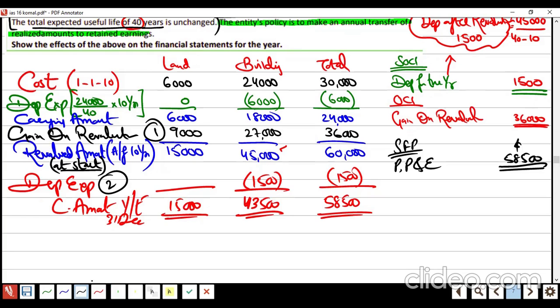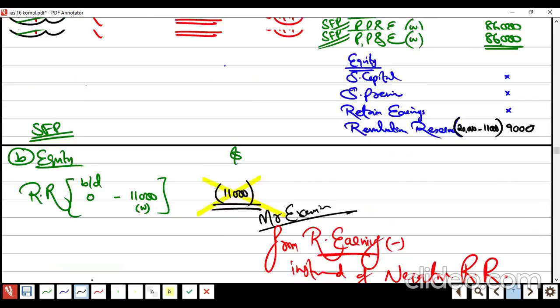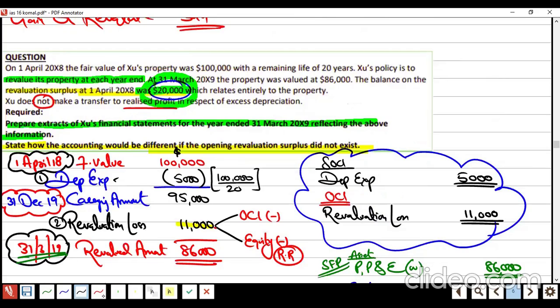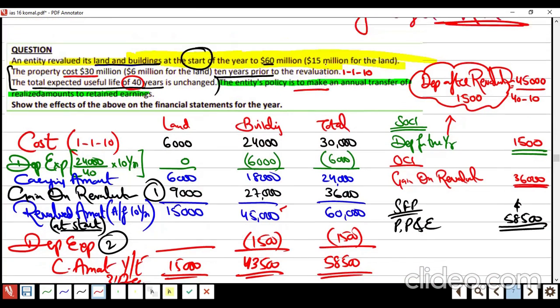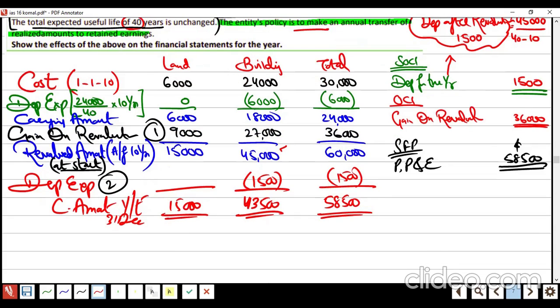Till now, how many questions did we do about revaluation? It was mentioned there is no policy. We did one question called zoo. Remember zoo? Here what are they saying?